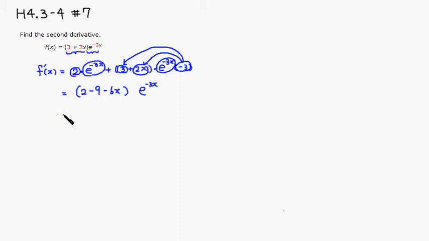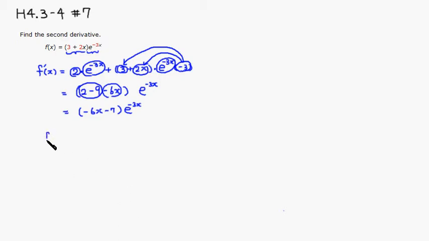So I'm going to put negative 6x first, and then 2 minus 9 would be negative 7, times e to the negative 3x. So this is the first derivative, so we take another derivative.